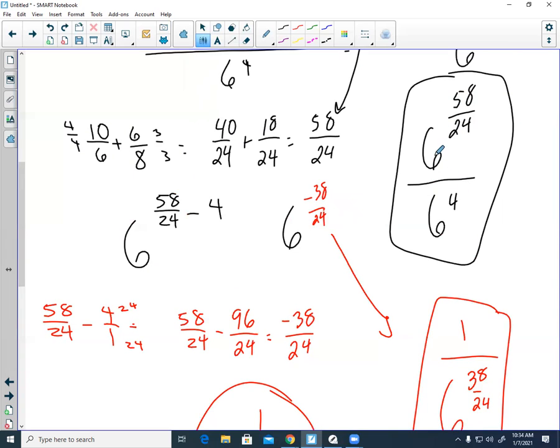So in this case, you see how 58/24 is a big number? I could actually start to simplify. And I should say, there's more than one way to solve this problem. I wanted a different route so that I could use the conjugate form. There is a way that you could have solved this without using the conjugate, yes. But I wanted the route that we had to use the conjugate so we could come back.